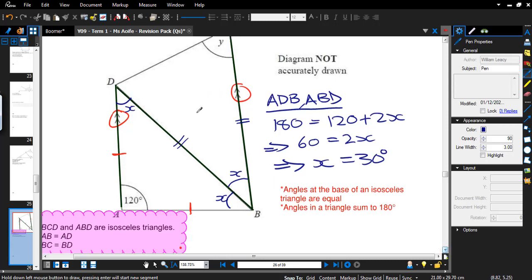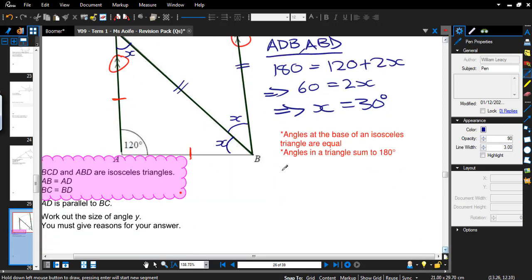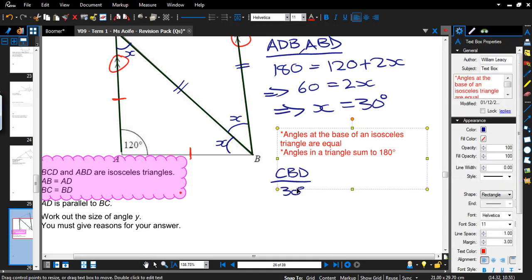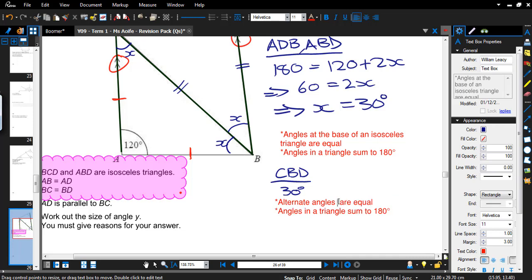So we can say angle CBD is 30 degrees. Why? It's 30 degrees. So then just give your reasons. So you could say alternate angles are equal, and that's it. So alternate angles are equal.